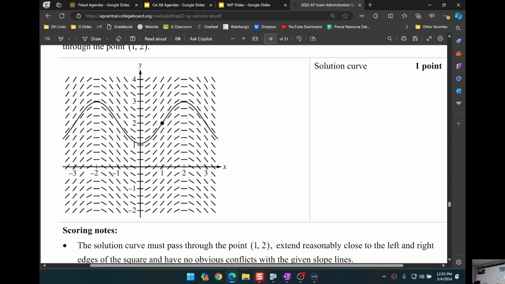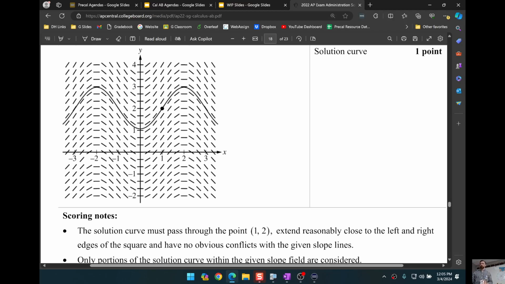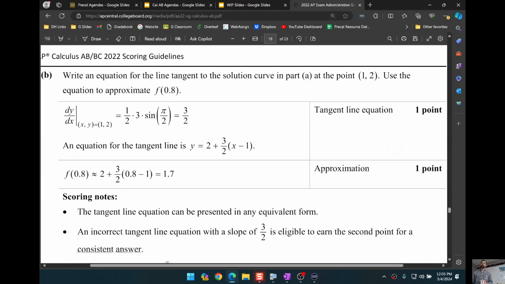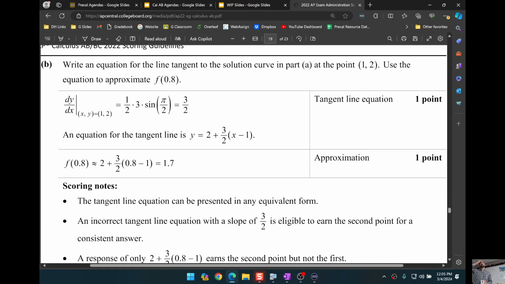If your parabola is a little tighter or a little bit looser, they would still be fine. But it has to go to that point, and it has to have this general shape. And it needs to go from the far left to the far right. It doesn't just magically stop in the middle of the graph. Okay, so 1 point. Again, put a +1 next to it so you remember how that was scored and if you got it. Or in the other color, draw what it should have been.